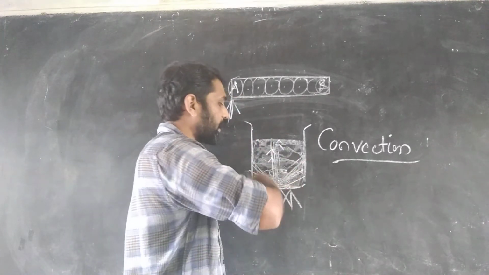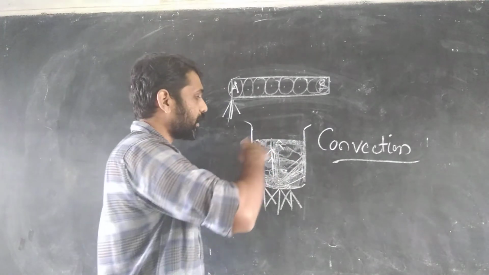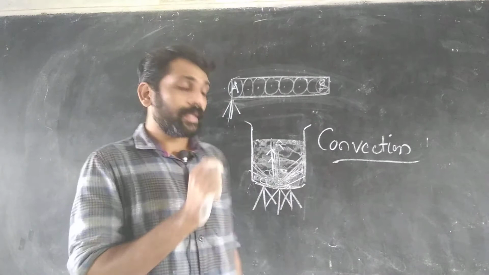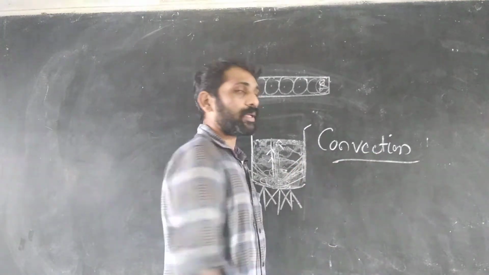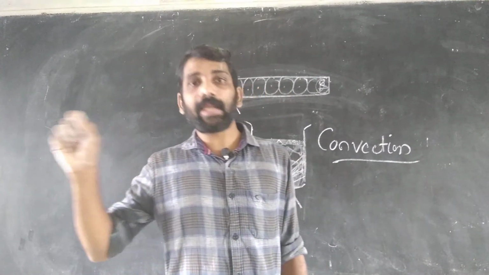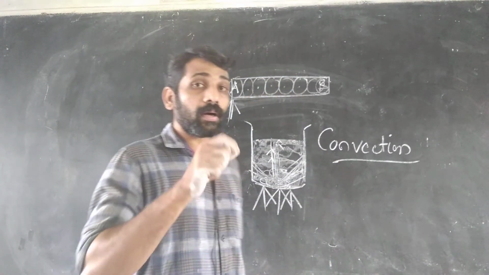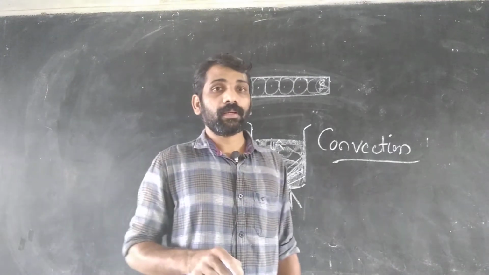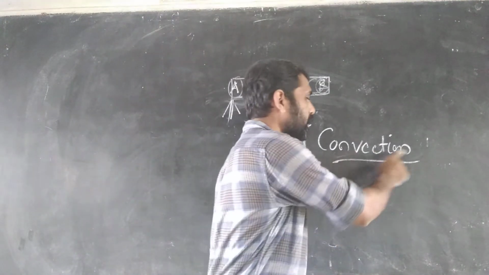So this is a cyclic process, and it continues until all the water in the beaker is heated. This process is called convection. Heat energy is transferred through liquids and gases by convection.